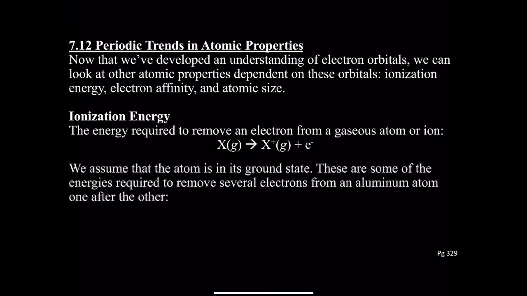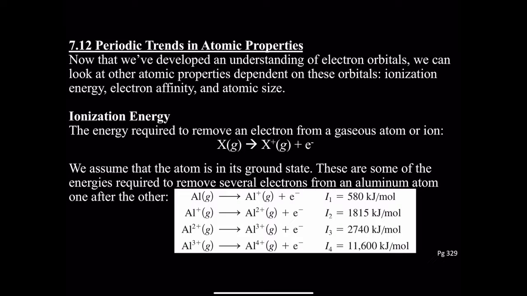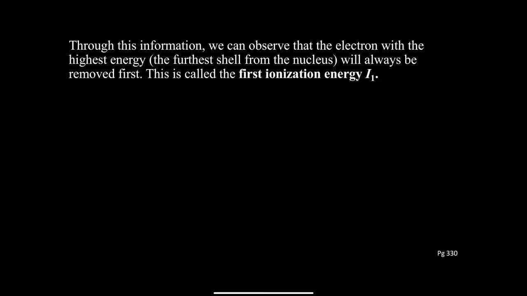And these are some of those energies required to remove several electrons from, our example, an aluminum atom. These are examples of removing electrons one after another. So here we go. We've got our first electron removal, takes 580 kilojoules per mole. Second one, 1850, 2740, and then 11,600 kilojoules per mole. Okay, so we're going to talk about what all that means here.